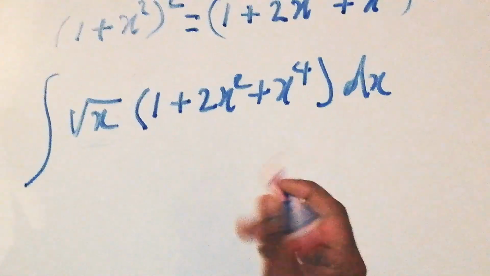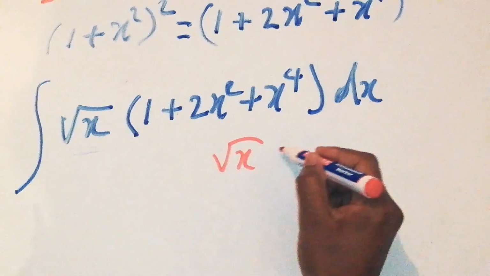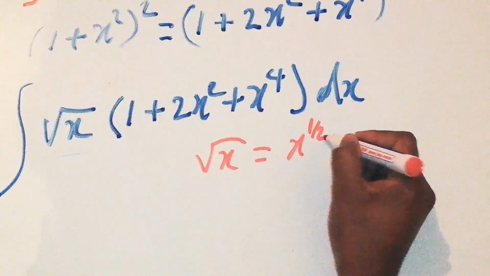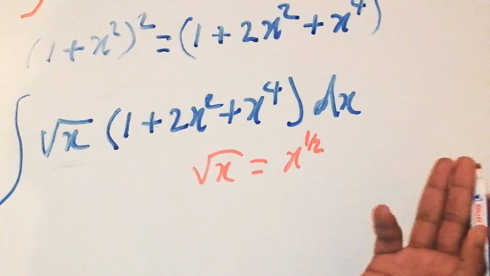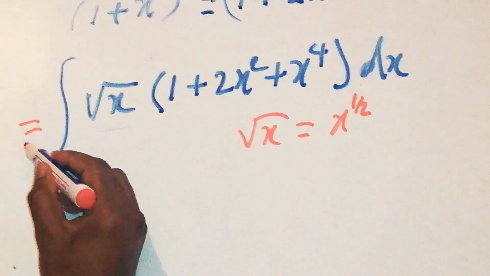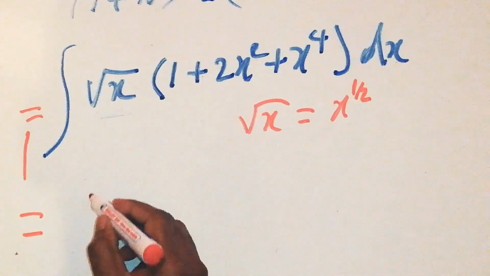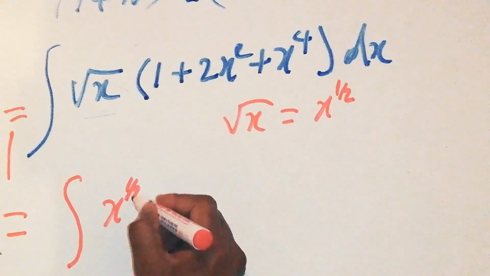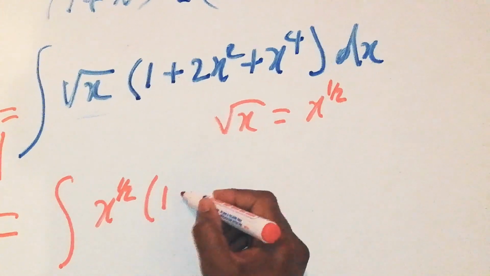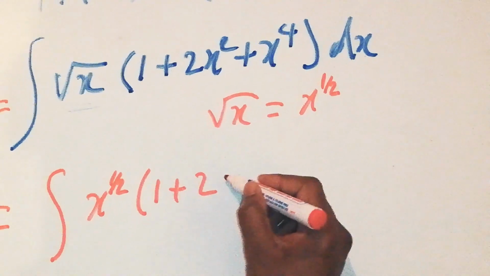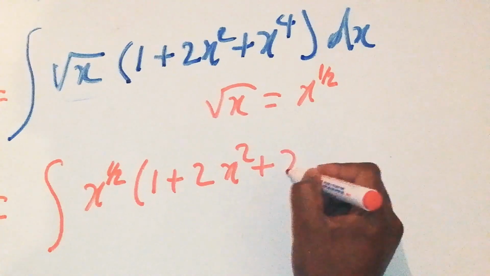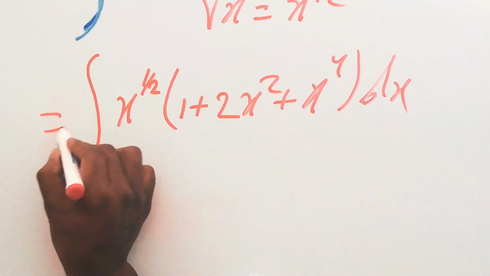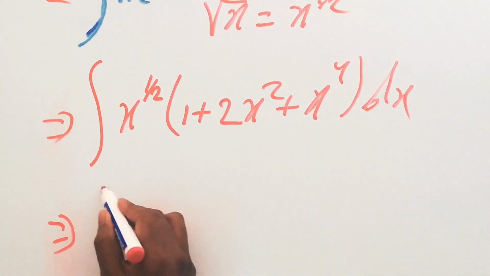The square root of x is equal to x exponent 1 over 2, or half, which brings me to this shape: the integral of x exponent 1 over 2, open my brackets, 1 plus 2x squared plus x exponent 4, dx.